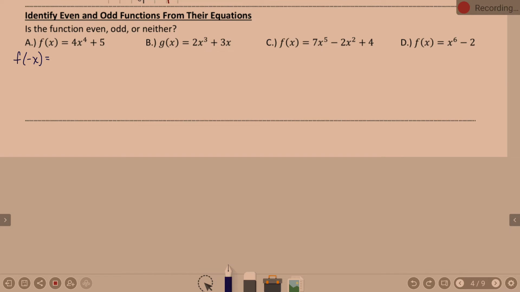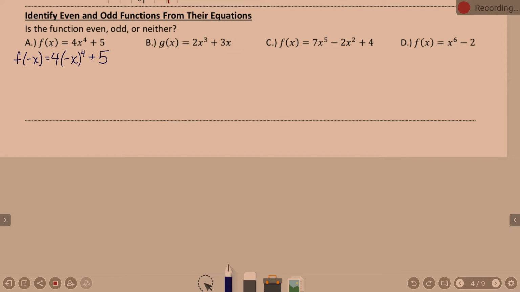Every place I see an x, I'm going to replace it with negative x. So in this case, instead of x to the fourth, I'm going to say negative x to the fourth plus 5. Notice I put that negative x in parentheses. We want to see, when we clean this up and multiply it out, is it the same as the original, or is it different?